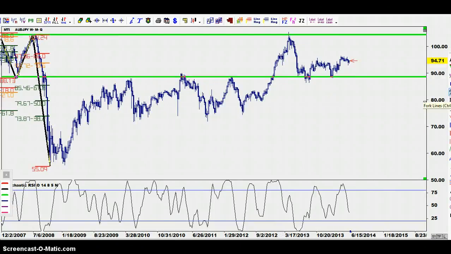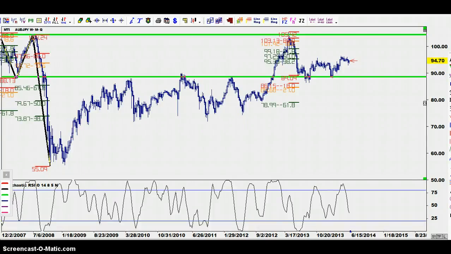Which technically would indicate a reversal, and a double top is quite a good reversal pattern to be conscious of when you're trading.